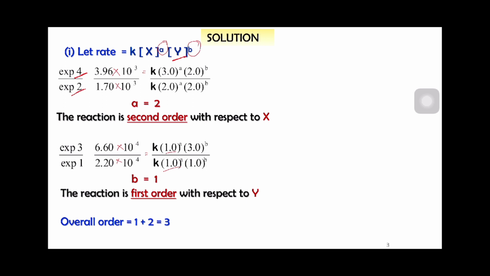The overall order is 3. Then the rate law is rate = k [X]^2 [Y]^1, second order for X and first order for Y. But usually, we do not write 1.